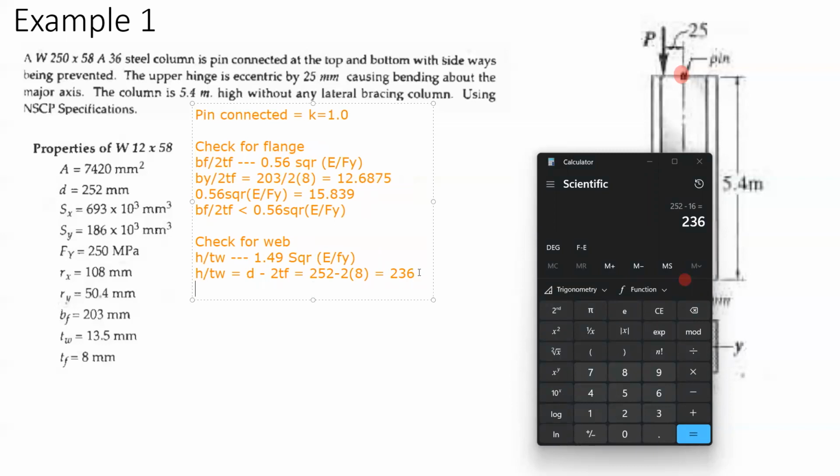And then let us now solve for H over TW. This is now 236 divided by TW, which is 13.5.